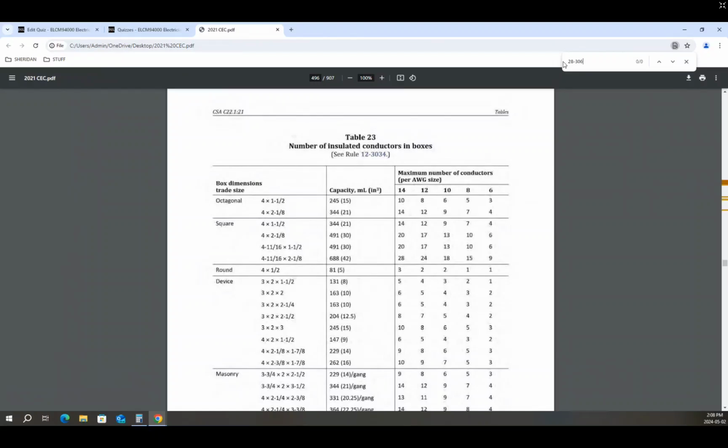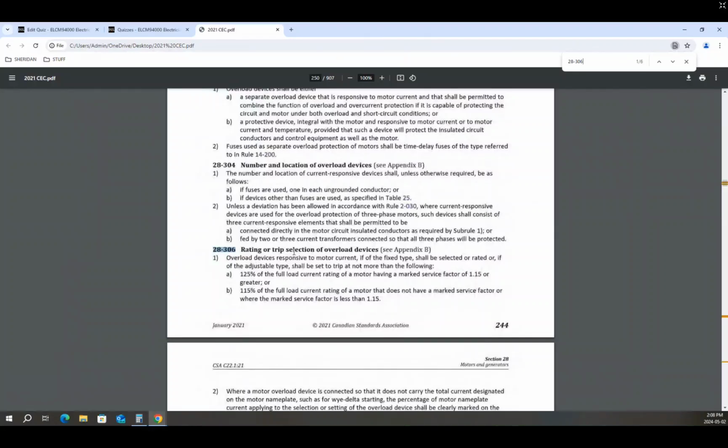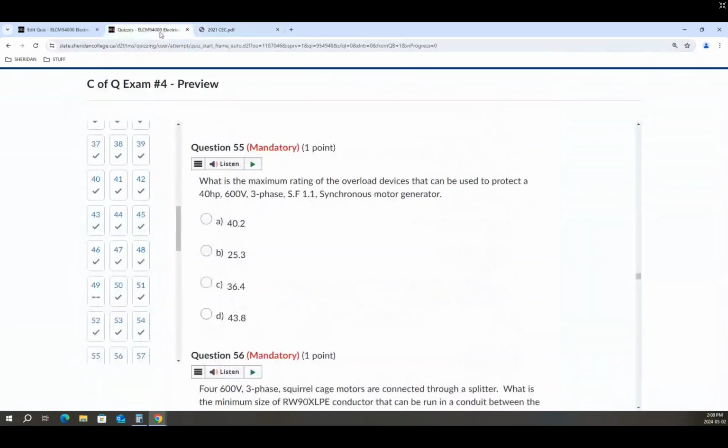Section 28. Rating trip selection of overload devices, where section 28 is motors, generators. So what's my multiplying factor? 125% of the full load if it has a marked service factor of 1.15, 115% of the full load where it does not have a marked service factor or where the marked service factor is less than 1.15.